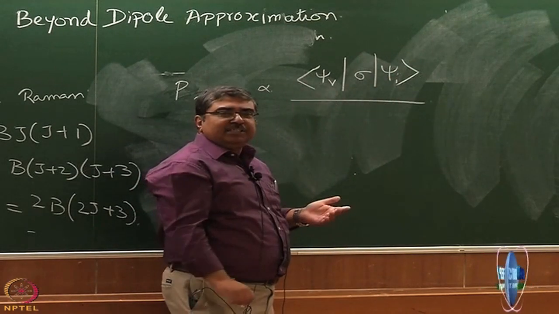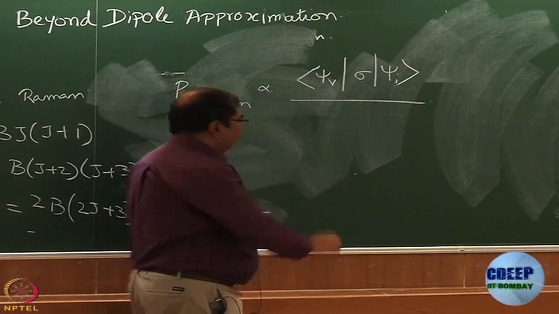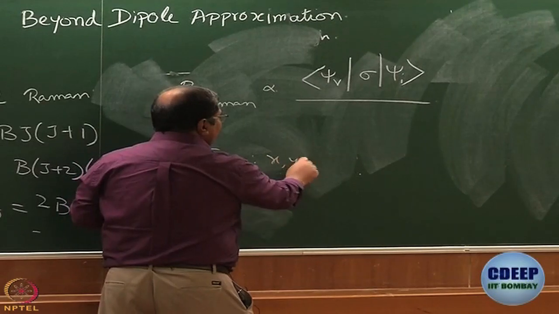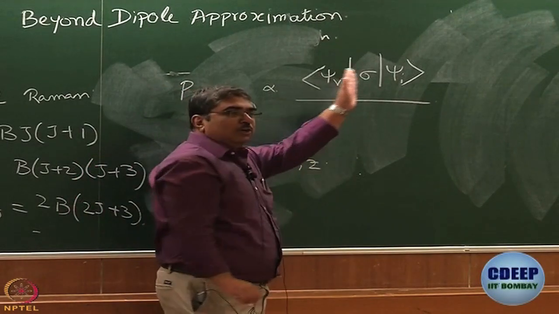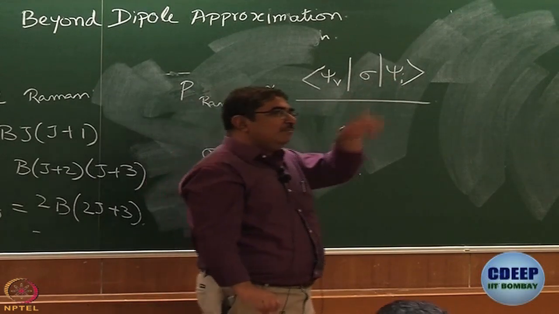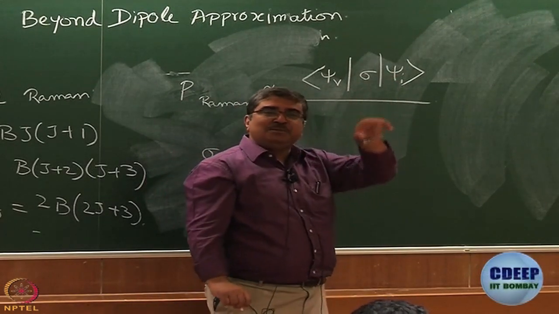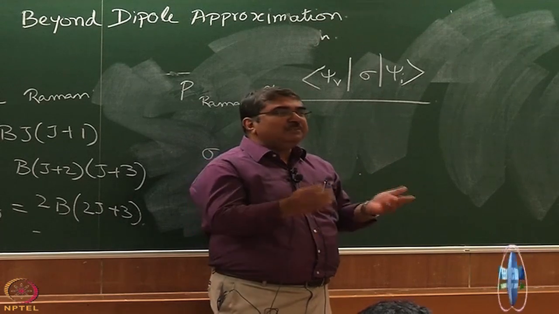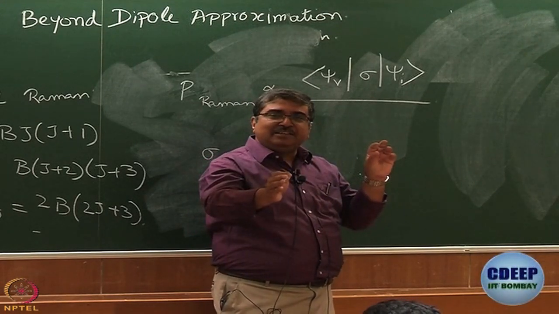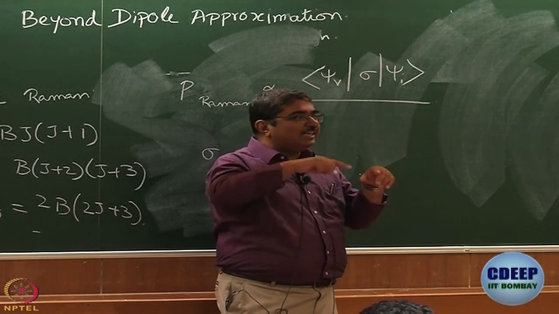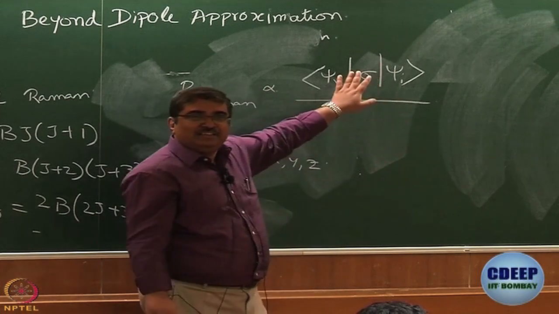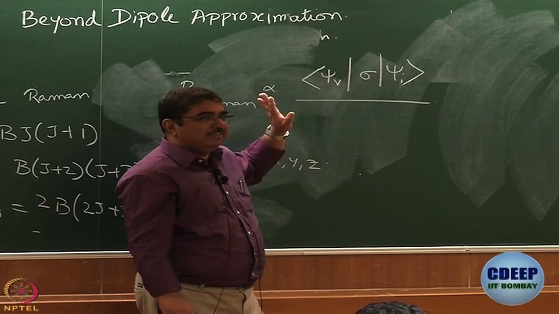Psi I is the wave function of the initial state, and what is sigma? Sigma is either x or y or z. So, it is sort of a transition moment integral, right. If you remember, in transition moment integral mu you can write as mu x, mu y, mu z, and in fact mu is your charge multiplied by separation. So, you can actually write it as electronic charge multiplied by x or y or z. So, we are just writing either x or y or z.